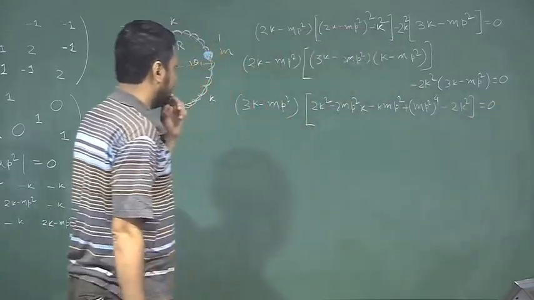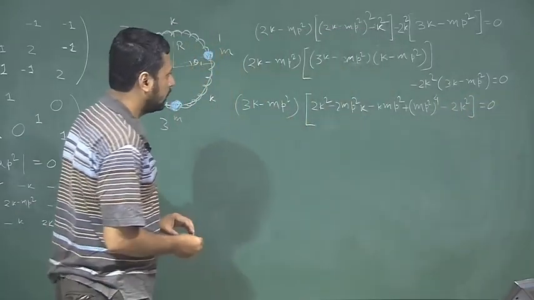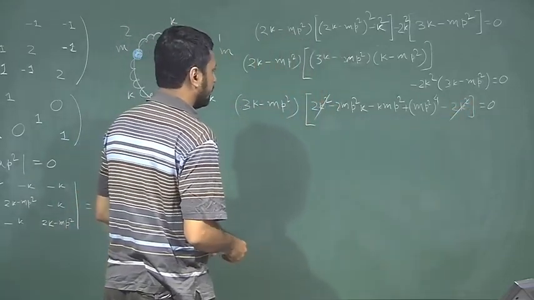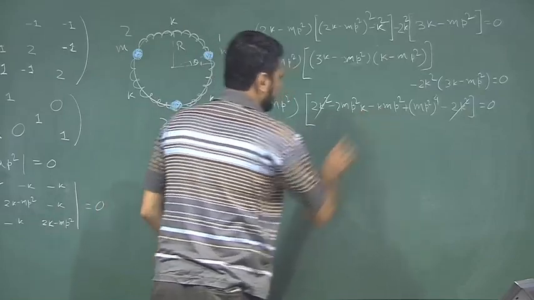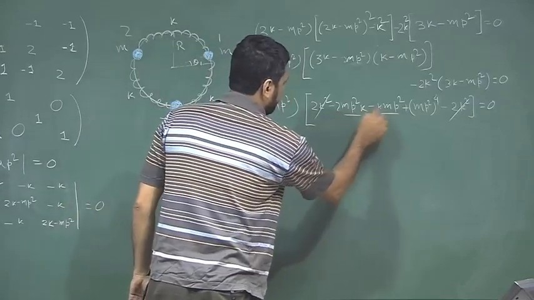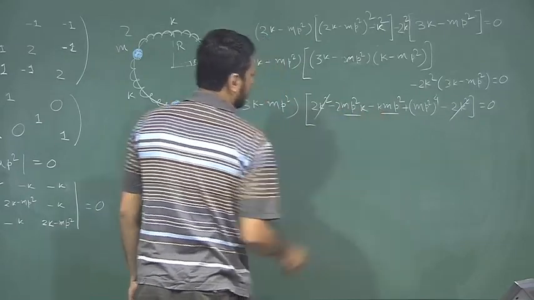Okay. I think now it looks more or less nicer. So, finally, you see these two terms are actually 2 m p square k and m p square k.